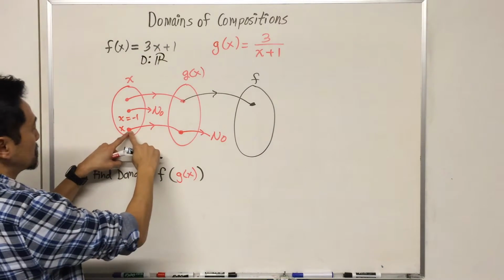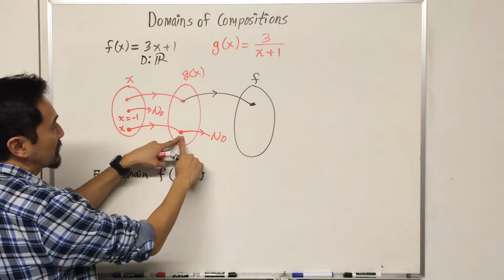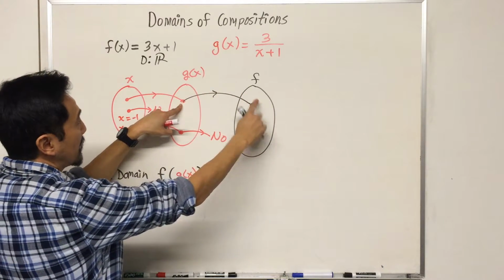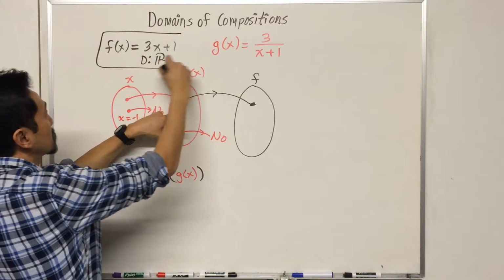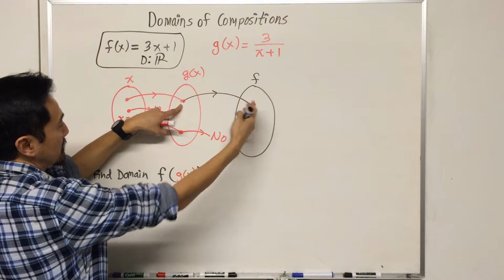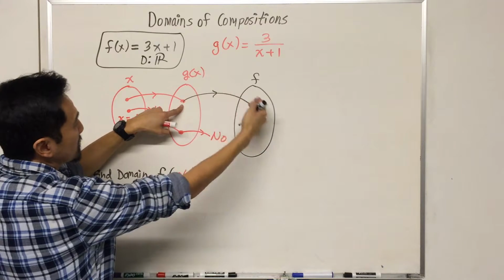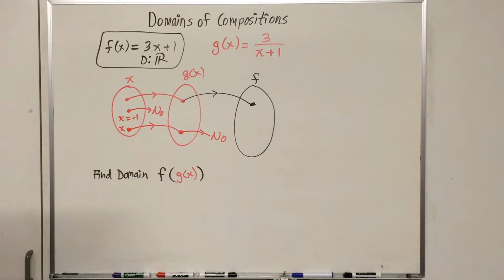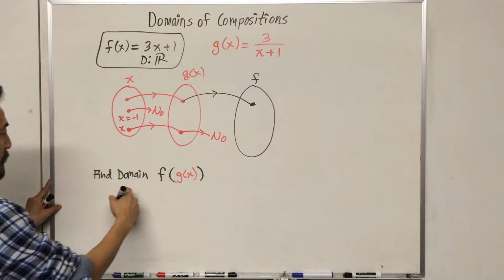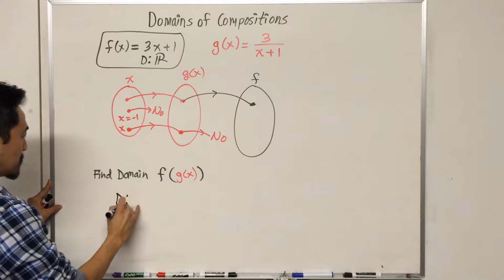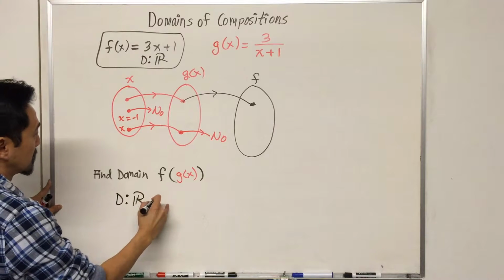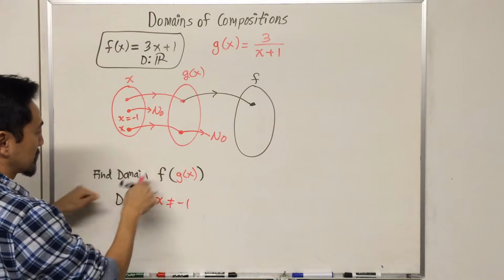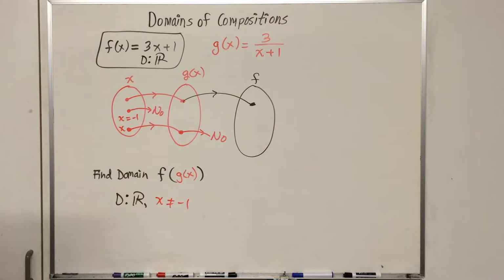So anytime you do produce a real g value, it will get you into f. Okay? So f is a function that has its doors open to everyone. And every real number is allowed into the function f. Okay? So the domain for this example would be what? All real numbers except for that x, which was -1, is not going to be allowed. Okay?